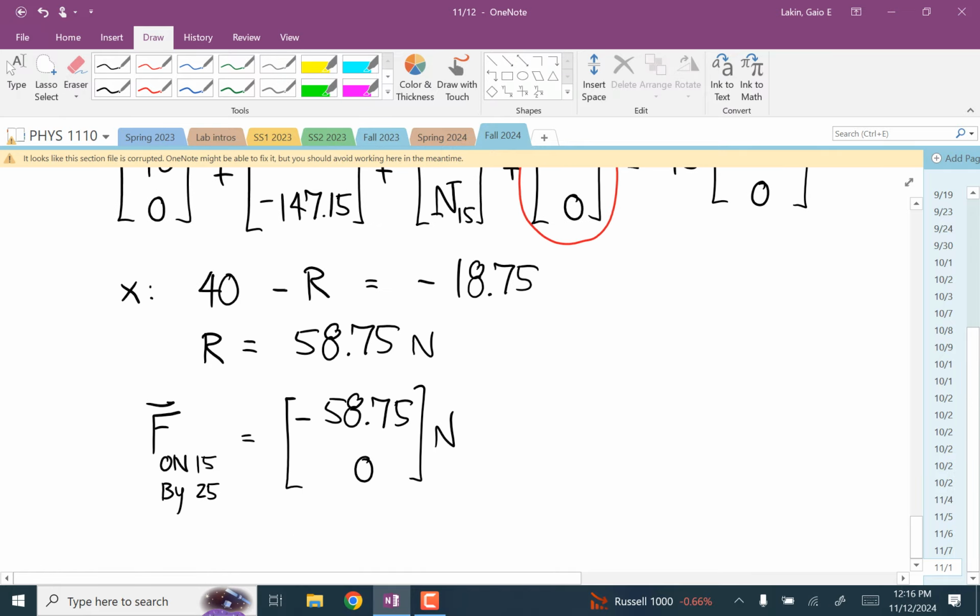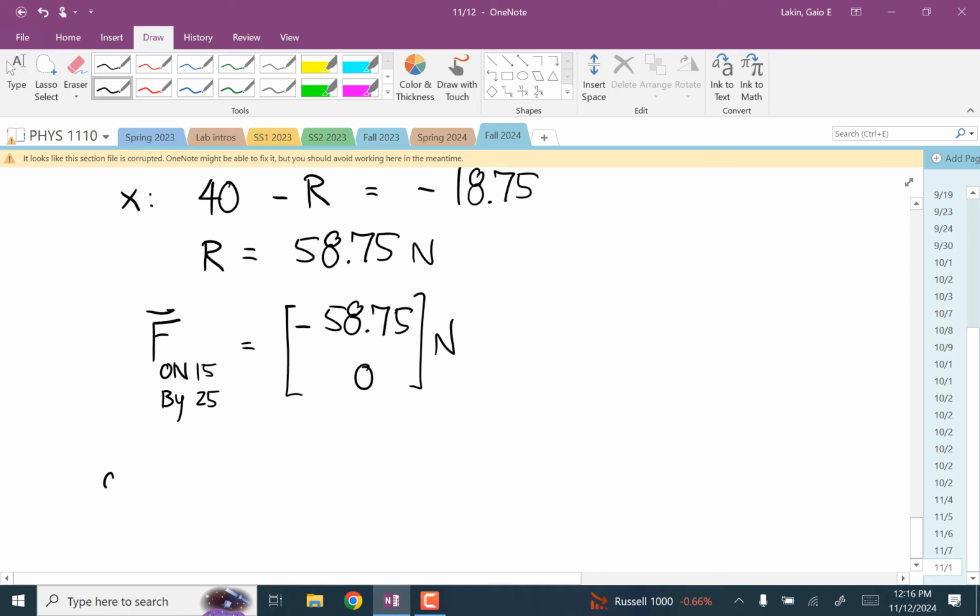So that's part B. Part C is what's the force vector on the 25 by the 15? Well, this is a Newton's third law pair. It's two things applying a force to each other. And so the force on the 25 by the 15 is just negative 1 times the force on the 15 by the 25.